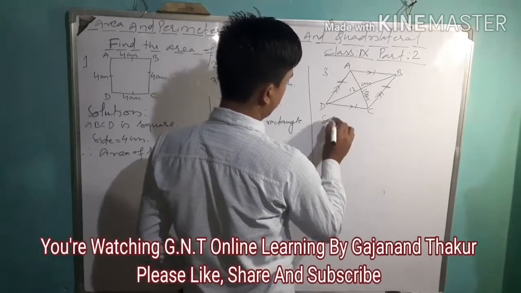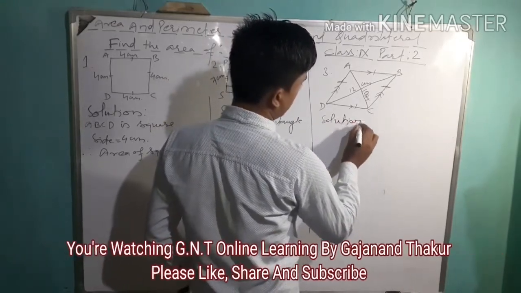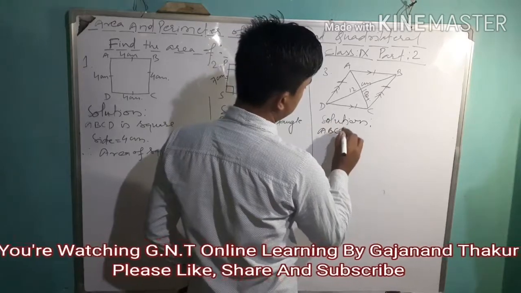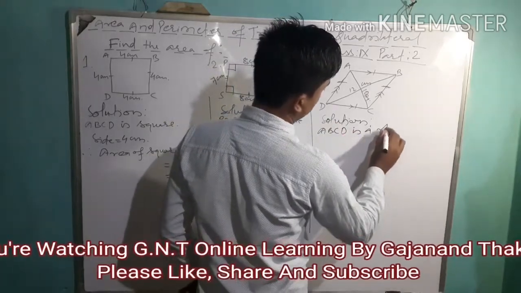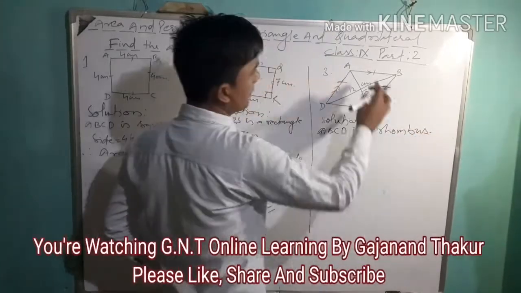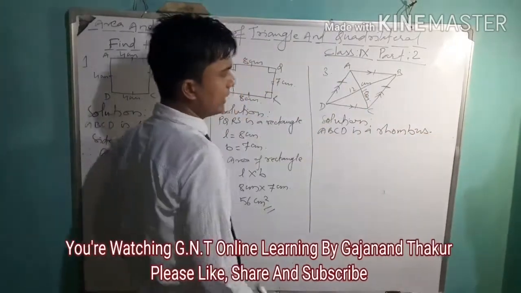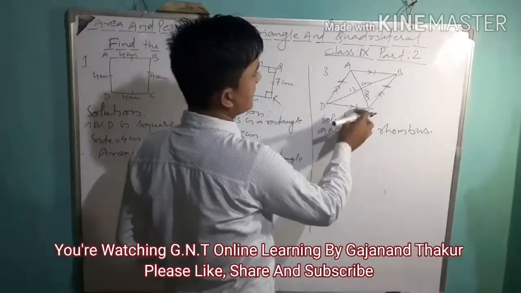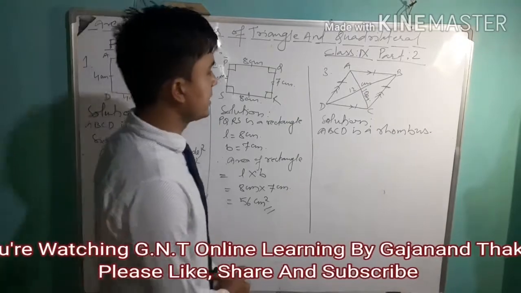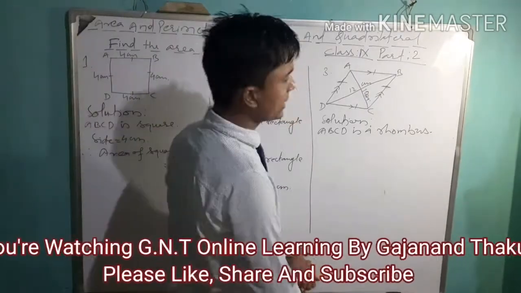Here in the part of solution, ABCD is a rhombus. Why? Because all sides are equal, right? And the opposite sides are parallel to each other. So we got opposite sides parallel and all sides equal. So this type of figure is known as a rhombus.